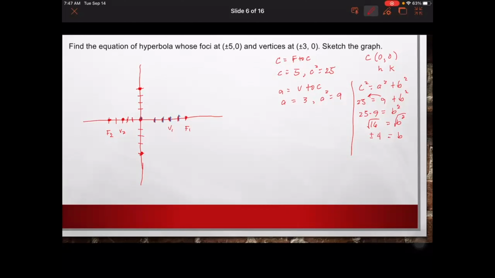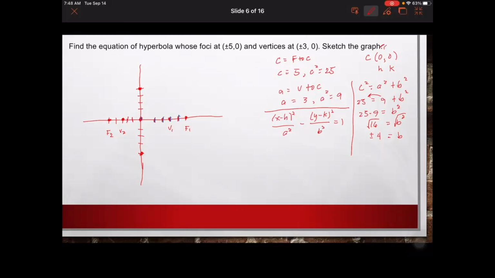Can we have the equation now? Ayan. So, pwede na tayong magkaroon ng equation. Ang ating form for our equation is x minus h squared over a squared minus y minus k squared over b squared is equal to 1. So, just substitute. So, this will be yung h natin ay 0 from here.